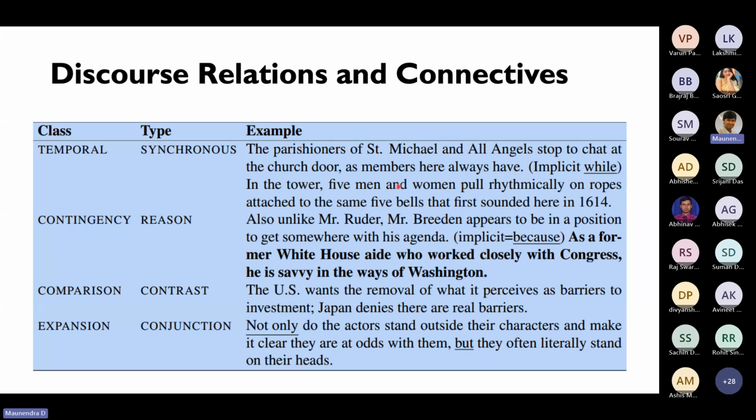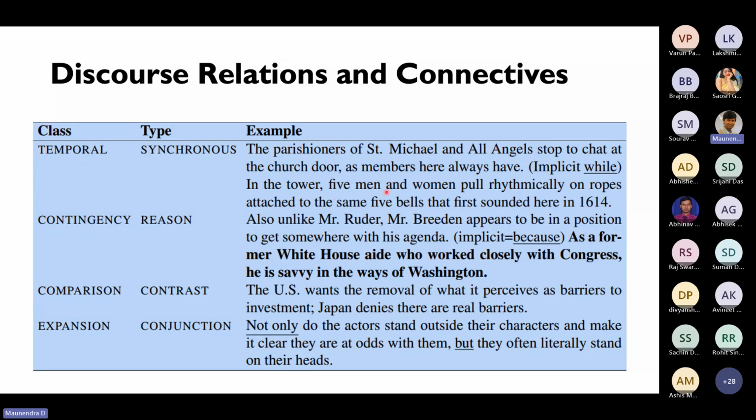In the tower, five men and women pull rhythmically on the ropes attached to the same five bells that were first sounded here in 1640. So the parishioners come here, they are at the church door, and they stop.